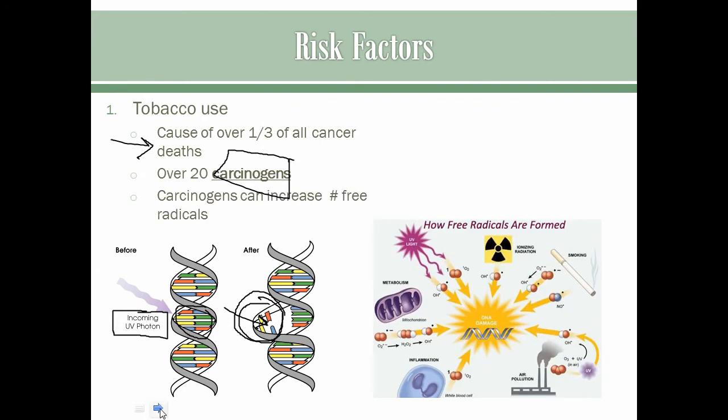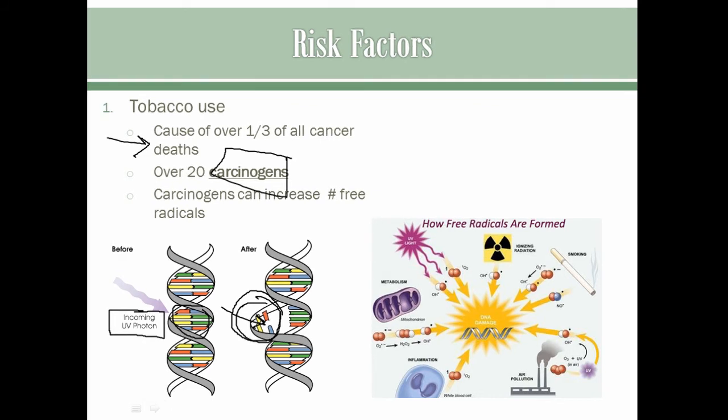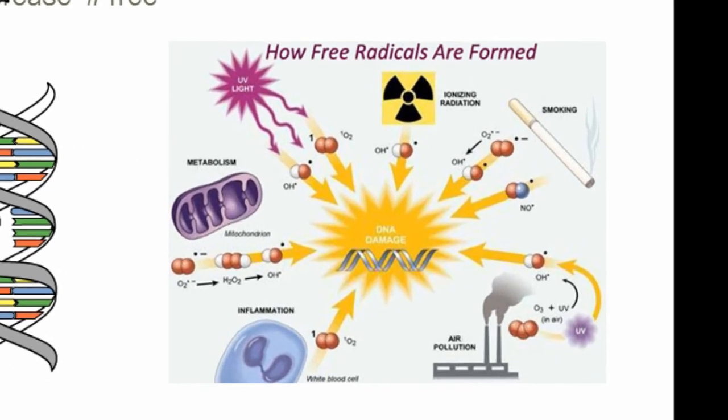It damages DNA. Another way that carcinogens can damage DNA is it increases something called free radicals. You may have heard of a free radical on like a skincare commercial. I hear of them a lot when I see those.